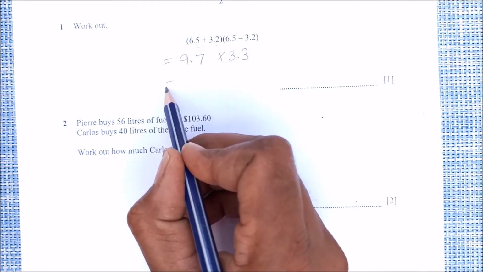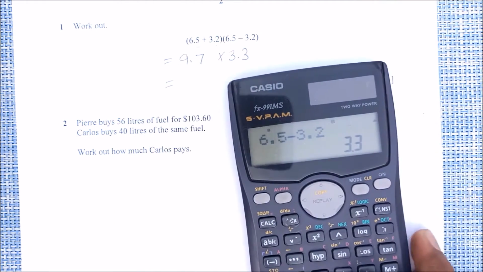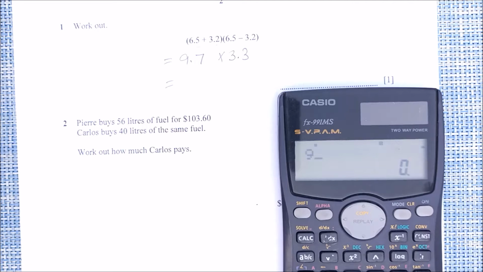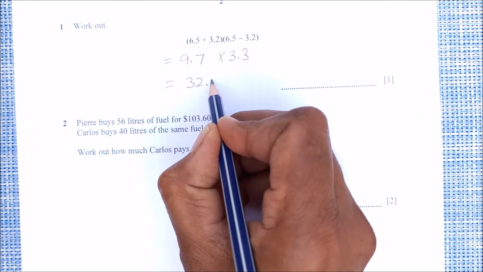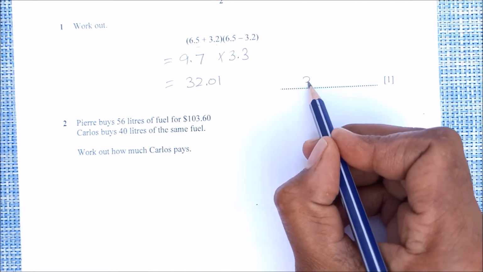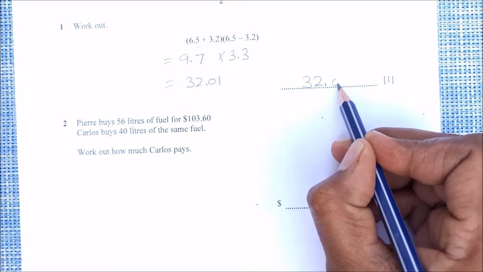You can directly multiply this with the calculator. So 9.7 times 3.3 is 32.01. This will go in the answer column, 32.01.